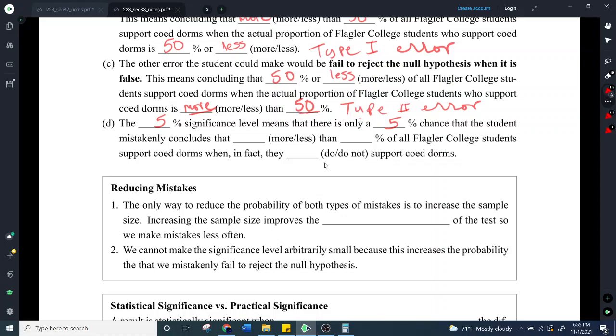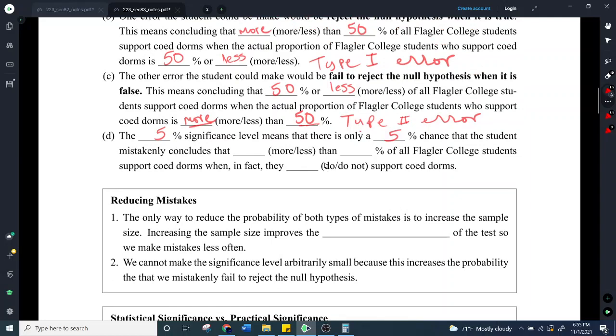So there's only a 5% chance that the student makes a type 1 error. So the significance level is the probability of making this type 1 error.